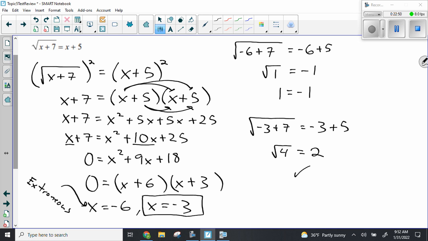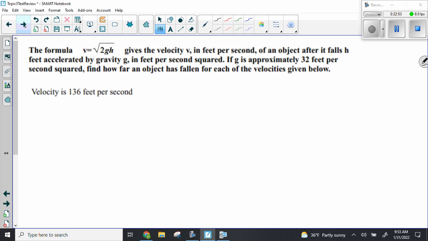Last one, I believe. Yes, indeed. All right, so we've got a word problem, or a story problem, is what the old folks say. Let's figure this thing out.